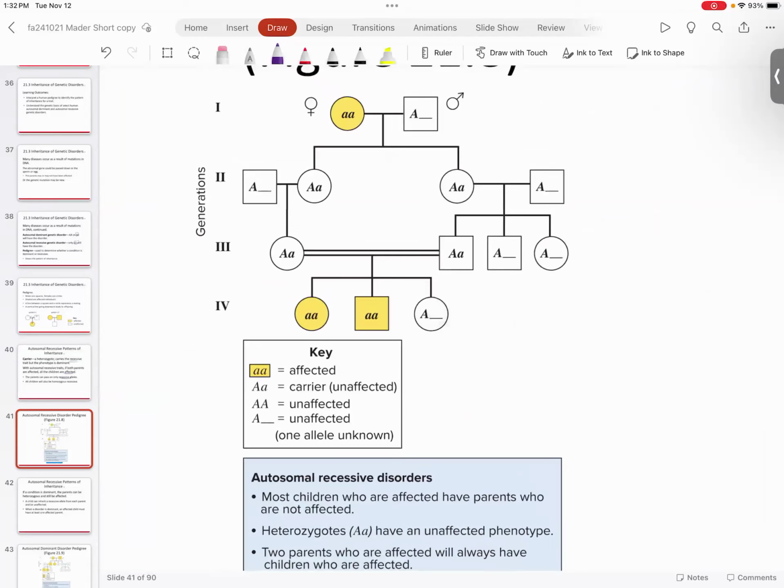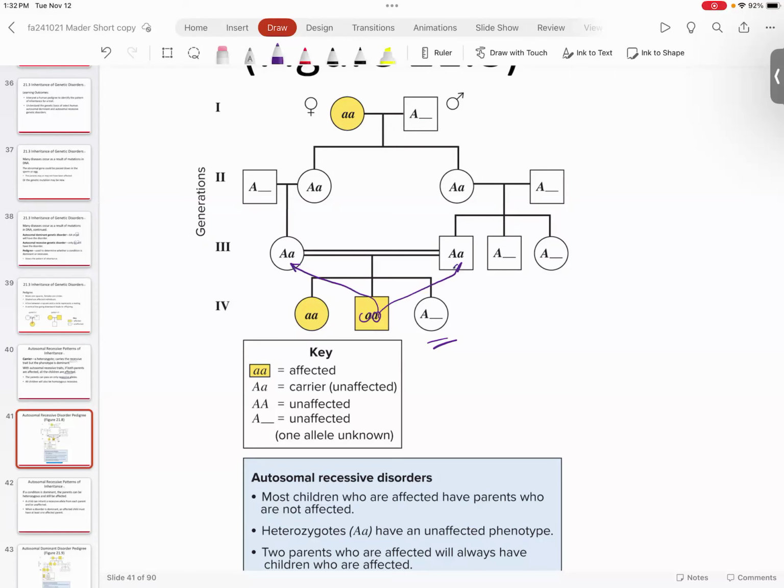So here you can basically see you've got an affected male who's homozygous recessive, an affected female, 2 sibs, sister and brother. And then they also have a sister who's unaffected. Now, all we know about that individual is that they have a dominant allele. We don't know what the other one is. However, because both of these individuals are recessive, one of these recessive alleles had to come from mom, and the other one had to come from dad.